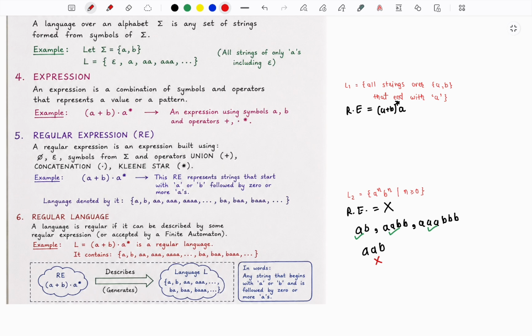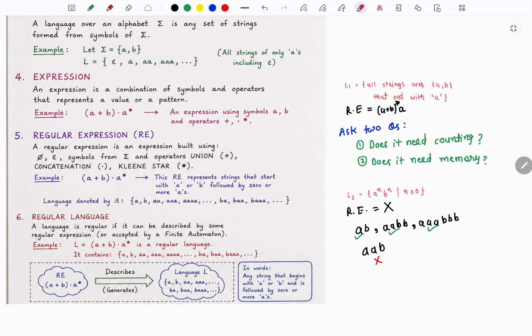To verify this, the machine must remember how many A's it has seen. Here it has seen one A, so there must be only one B. Now for this string, the machine needs to remember that the number of A's is 2, so the number of B's should be 2. And a finite automata has no memory, so it cannot keep track of the count. So this language is not regular and no regular expression exists for it.